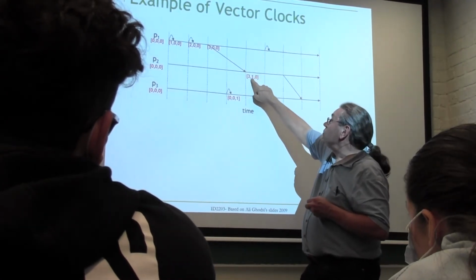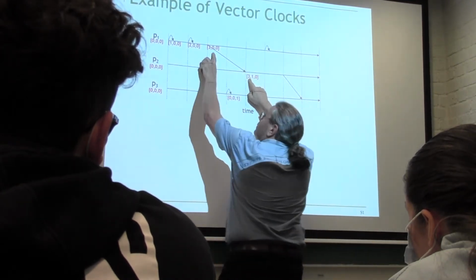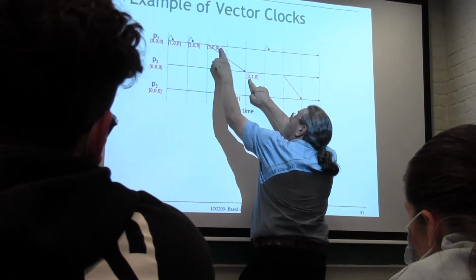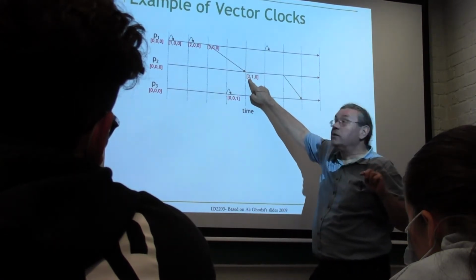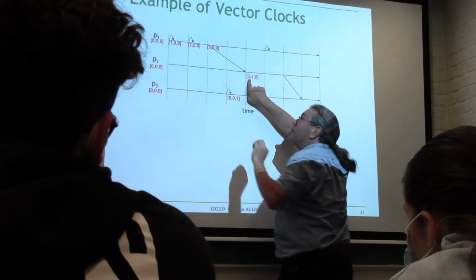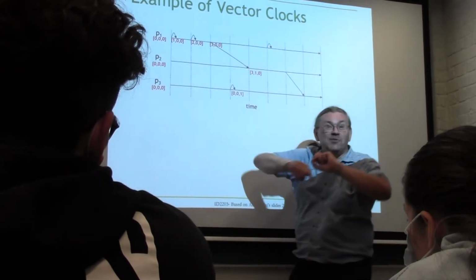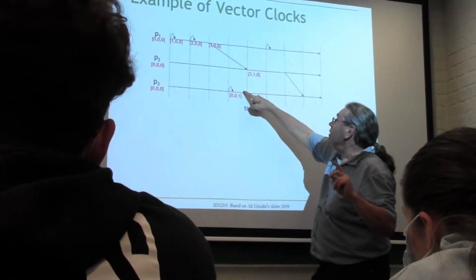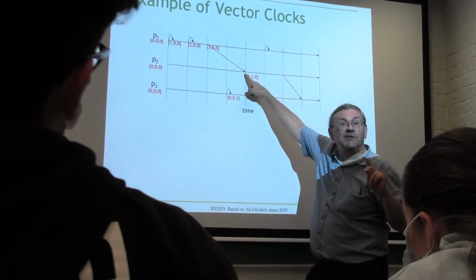And there are 3 events on P1 that we know. If we had more events here, they would not be in the 3, because they are actually concurrent. It only becomes causally connected if there's a message. If there's no message, there's no causal connection. So since there's no message from P3, this event is not causally connected.